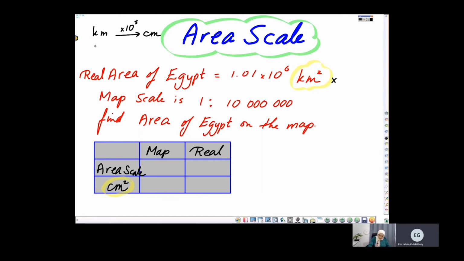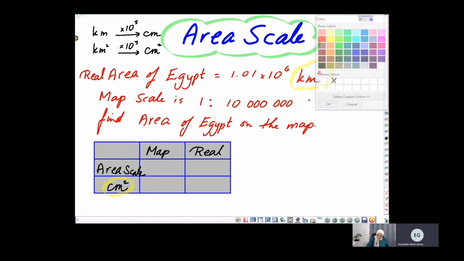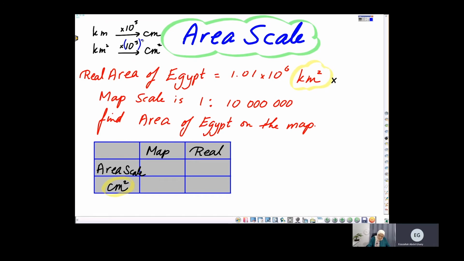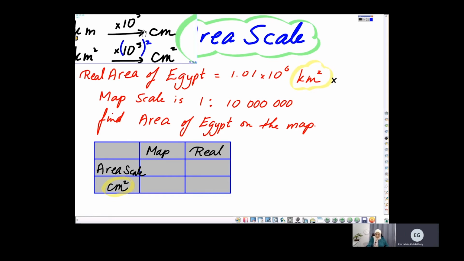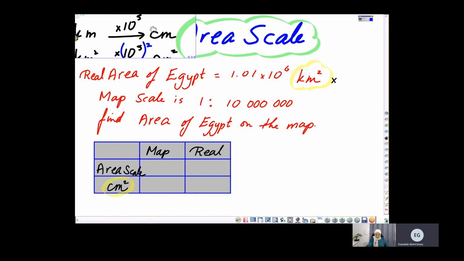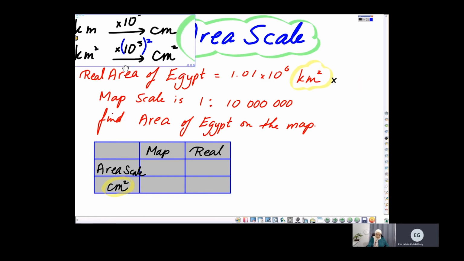But if you are converting from kilometer squared, which is area, to centimeter squared, which is area, multiply by 10 to the power of 5, but squared. Okay, let's say it. If you convert from kilometer to centimeter, you multiply by 10 to the power of 5. But from kilometer squared to centimeter squared, multiply by 10 to the power of 5, but squared.